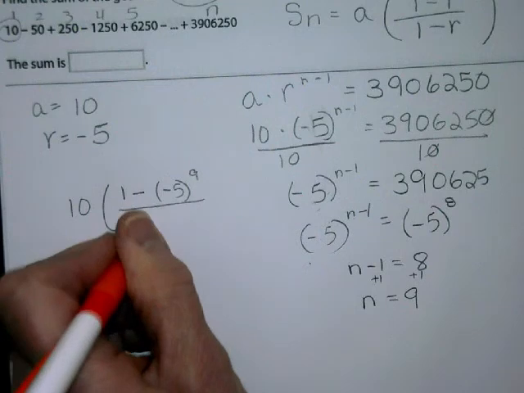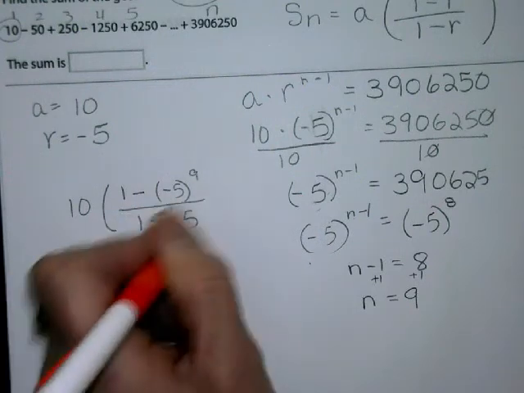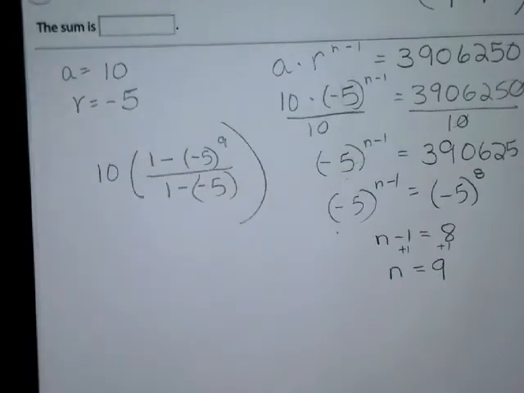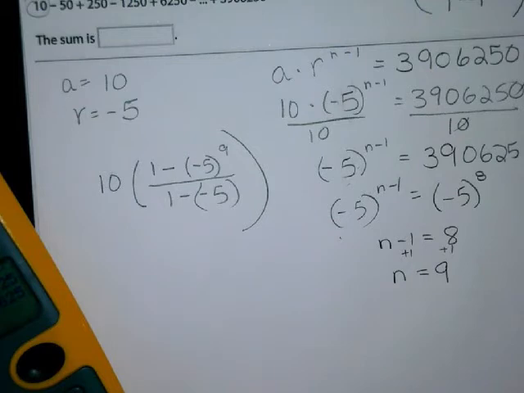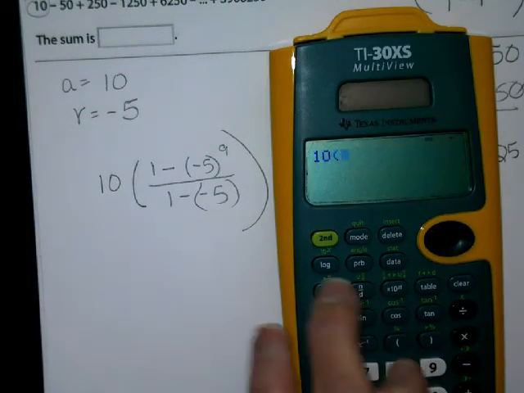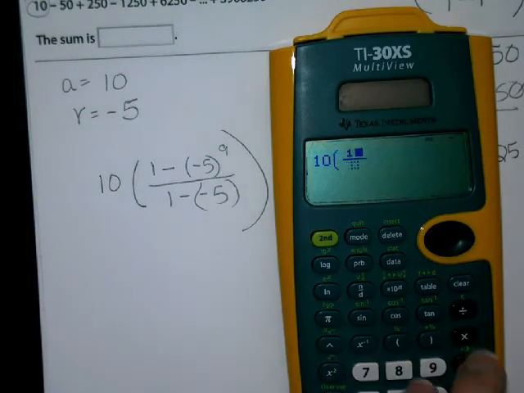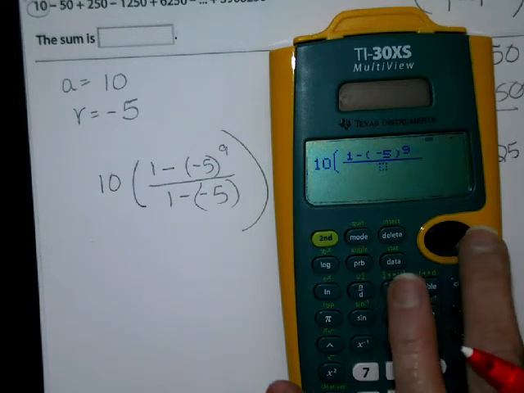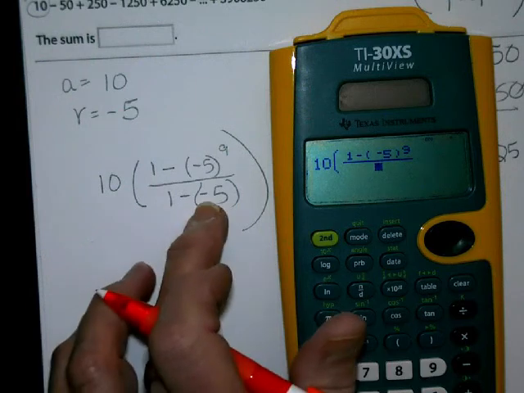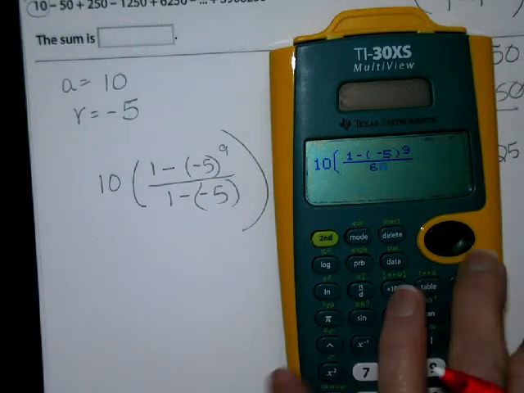There we go. So here we go. 10 times 1 minus negative 5 to the 9th over 1 minus negative 5. So depending on how much you want to put into the calculator, you can set up your parenthesis, fraction, 1 minus parenthesis, negative 5, parenthesis to the 9th.